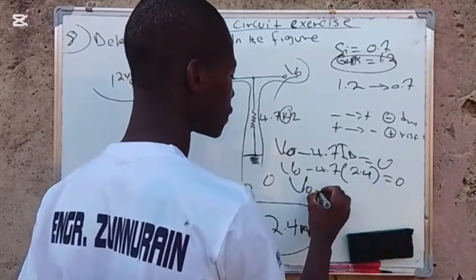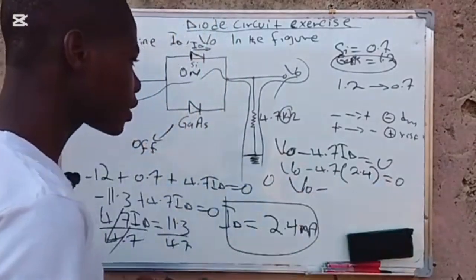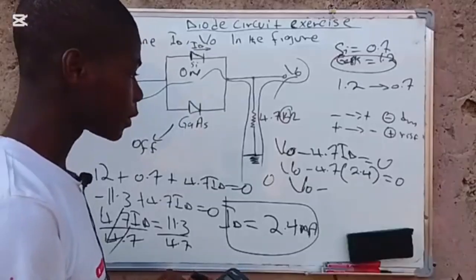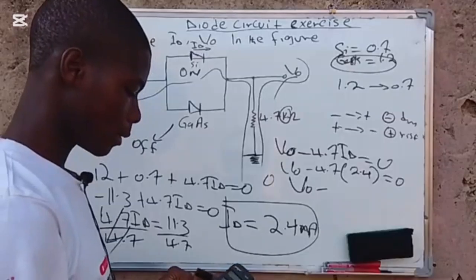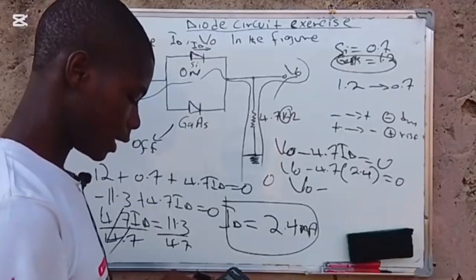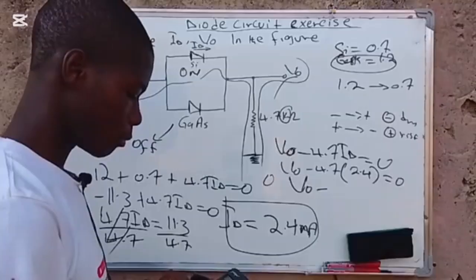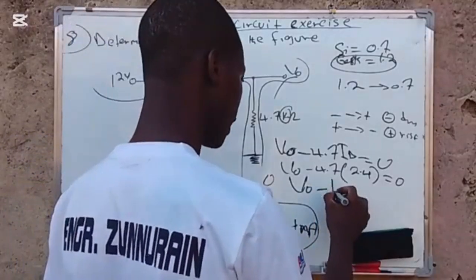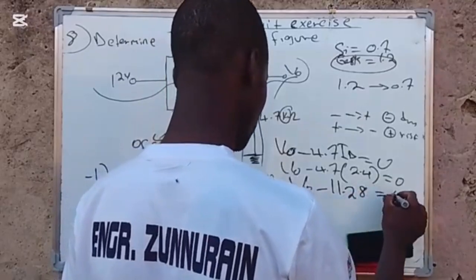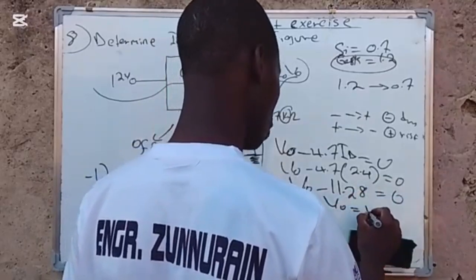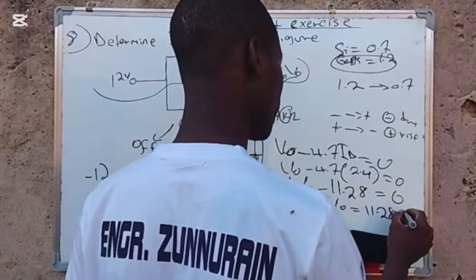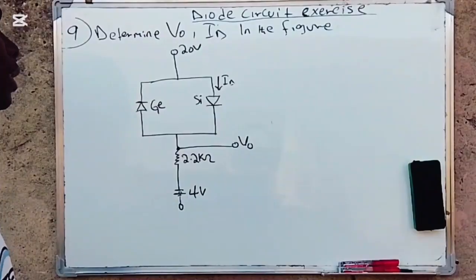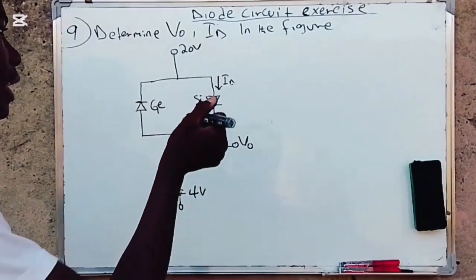So V naught minus 4.7 multiplied by 2.4 is minus 11.28, which is equal to 0. Therefore V naught should now be 11.28 volts. Determine the V naught and ID. As usual, as I am saying, you first have to take a look at the diode.